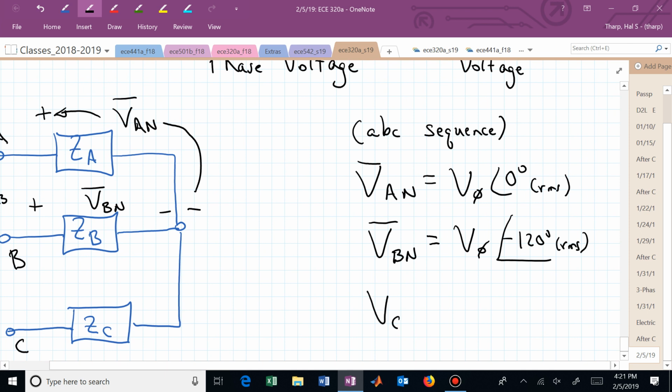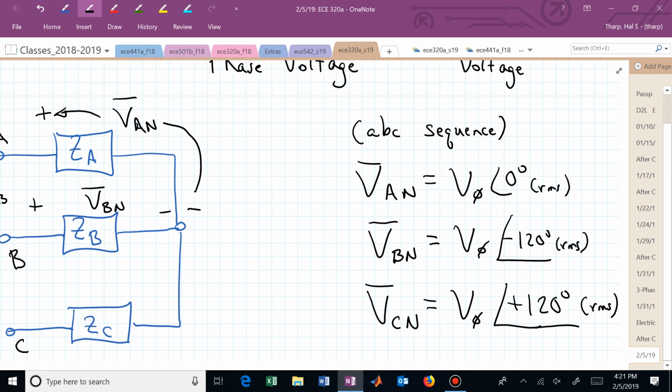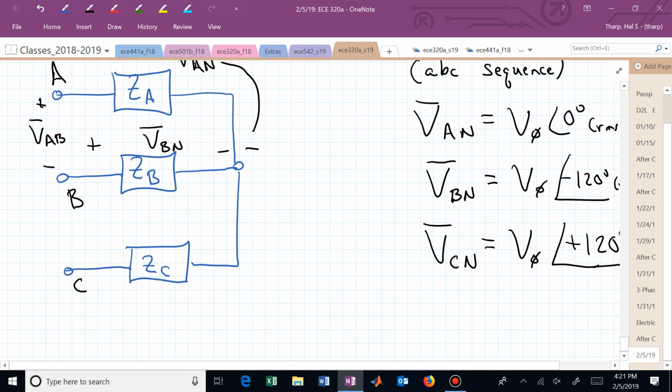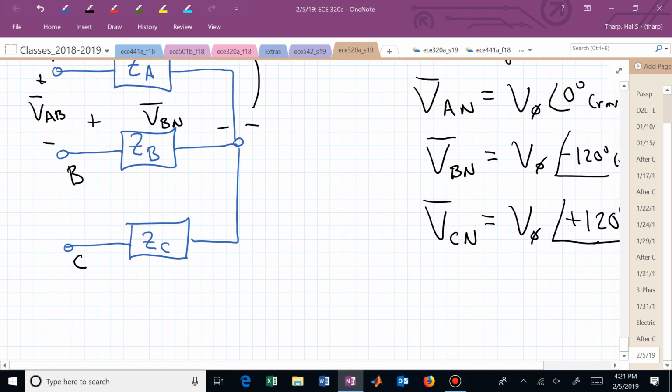And the C phase, we won't use it, but you know what it is. We now know that that's given. That's what we're saying we have. Now what we want to do is, knowing this information, can we now compute or relate V sub AN to V sub AB?